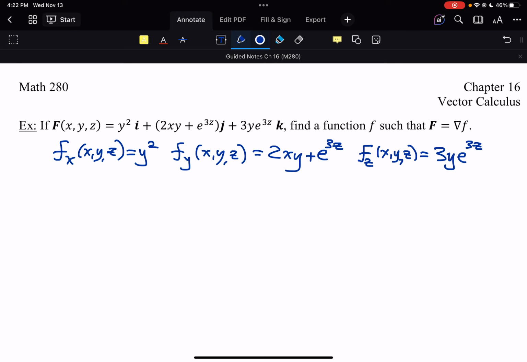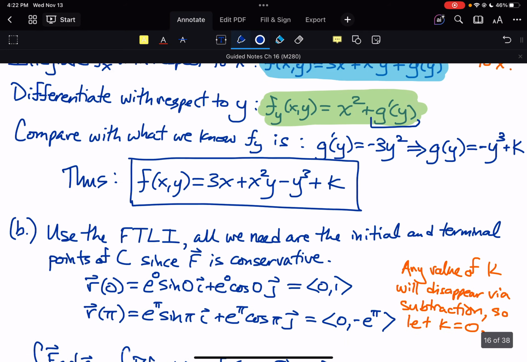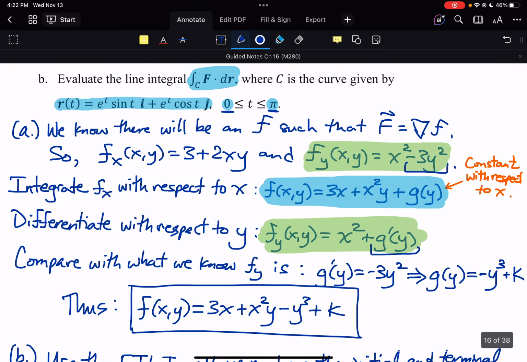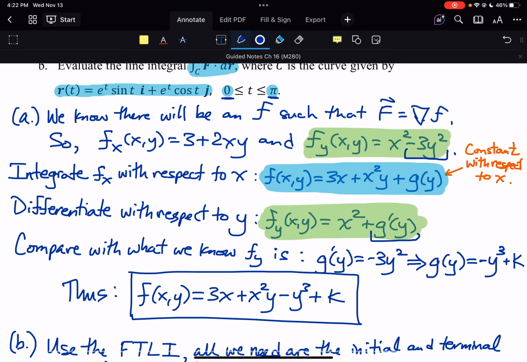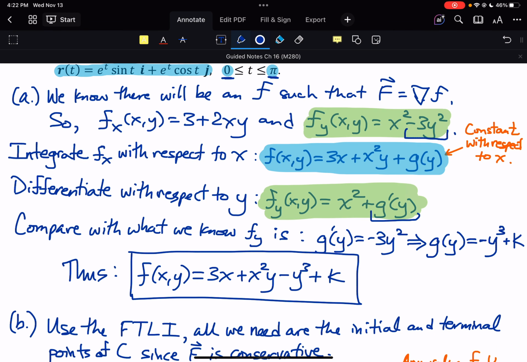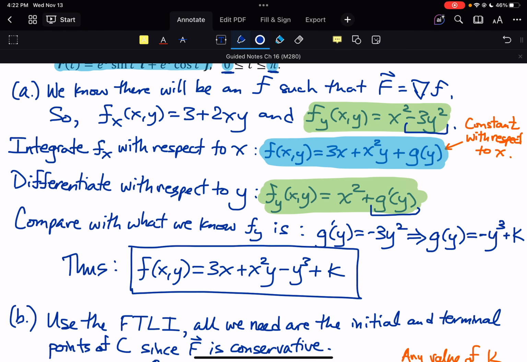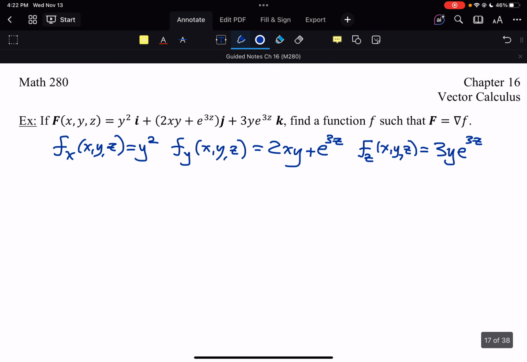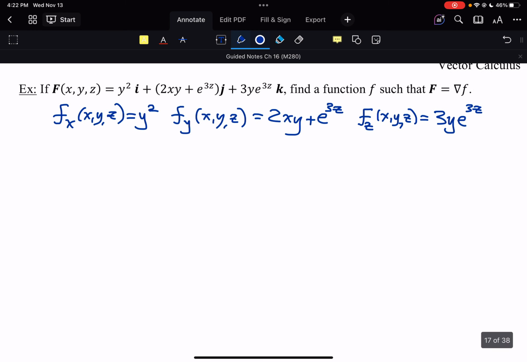So if we look at the steps that we did in the previous problem, we integrated fx, differentiated with respect to y, and compared against fy to find the missing piece. We're going to do the same thing here, just a couple of times.